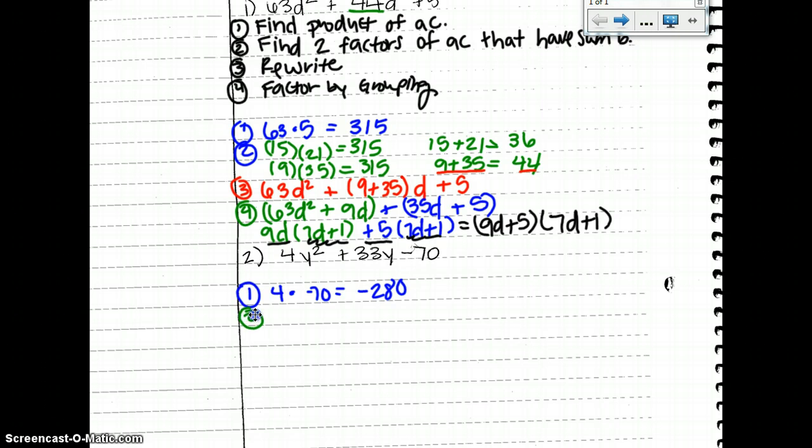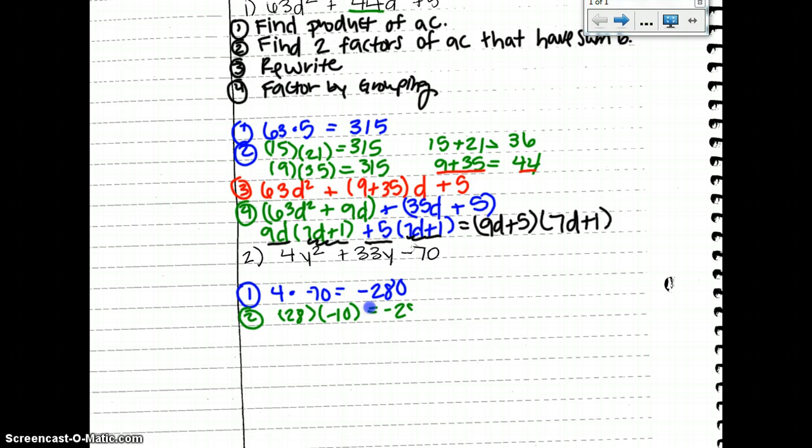Second step, find two factors of AC that have a sum of B. So we need two numbers that when we multiply we get a negative 280, but when we add them we get 33. So that means we'll be multiplying a negative and a positive number, and the positive number needs to be bigger since our sum is positive. Let's go ahead and just pull out the basic 28 times negative 10.